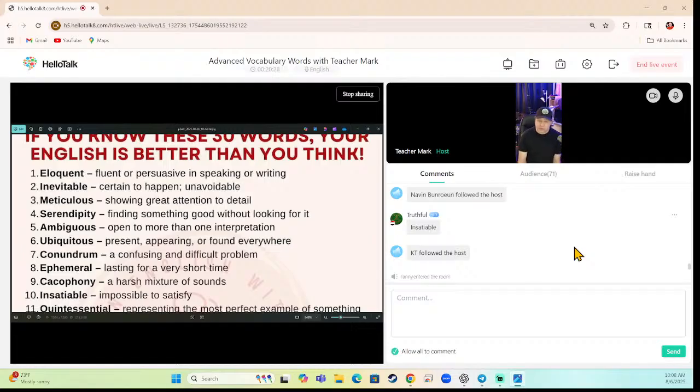But the current meaning is to have the power of expressing strong emotions in vivid and appropriate speech. So it means that you can use your words to really move people. Okay? Like magic. Okay? So eloquence is like the magic of language. It's the artistry and the magic of language. Okay?